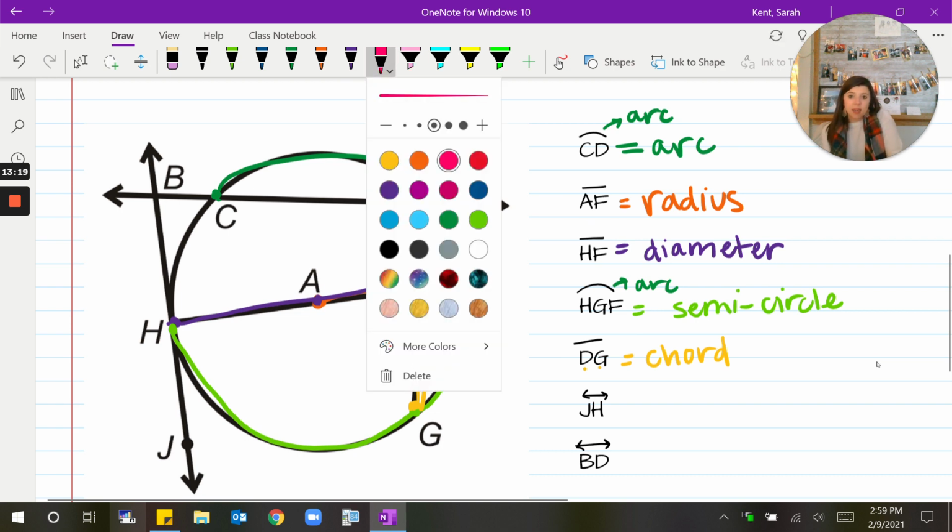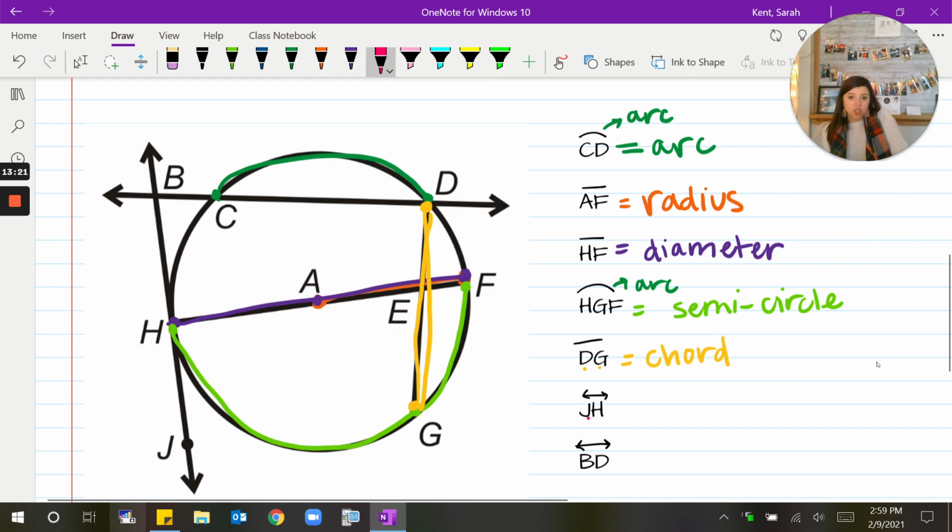If we look at, what do we have? JH. Here is J, here is H. So if we look, how many times does this touch the circle? It touches one time. So since it touches one time, that means it is a tangent.